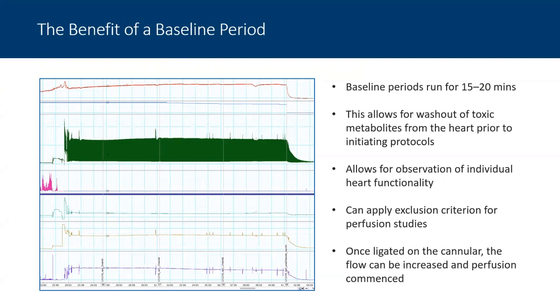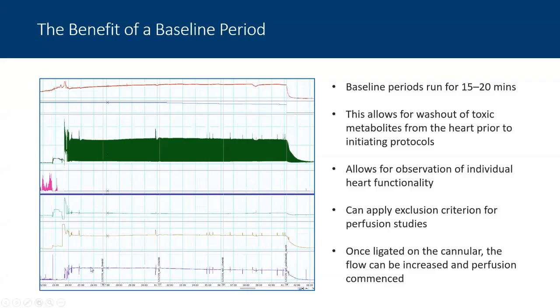Once ligated on the cannula, we can increase that flow rate and we can commence that perfusion. And what we can see here is a big zoom out of our full 20-minute baseline period, and you can see that once we've inserted the balloon, we're starting to record both our systolic and our diastolic pressure. Here we have our left ventricular developed pressure, which is simply taking our systolic and minusing our diastolic pressure from it.